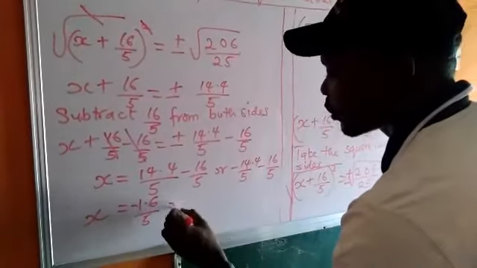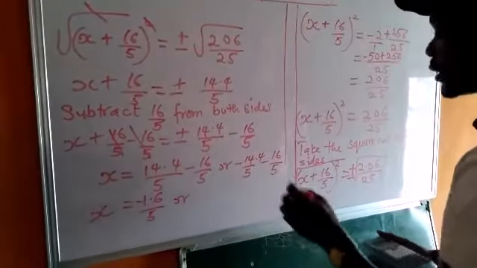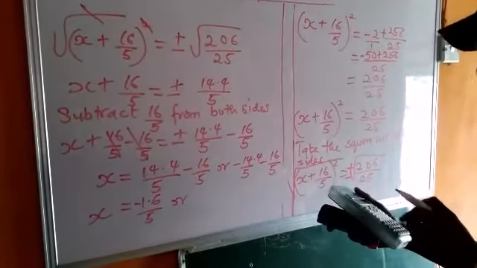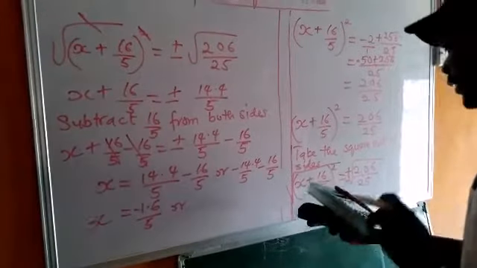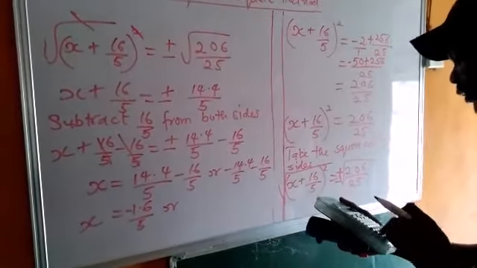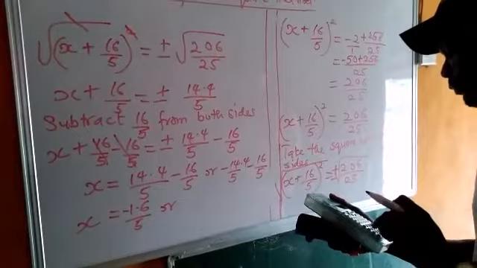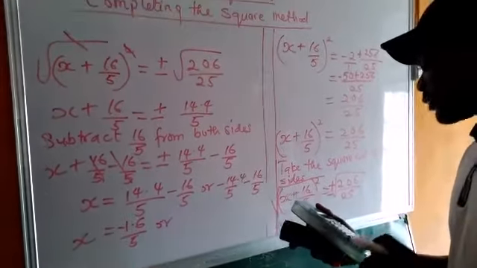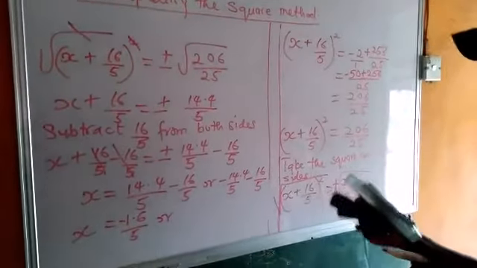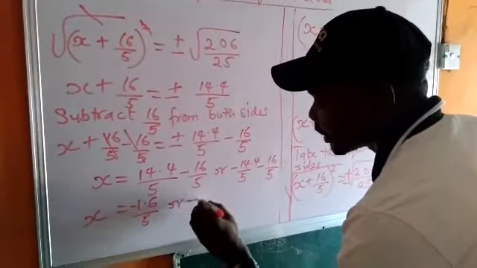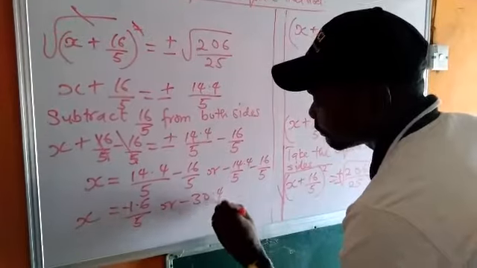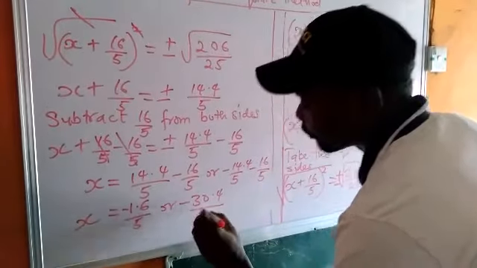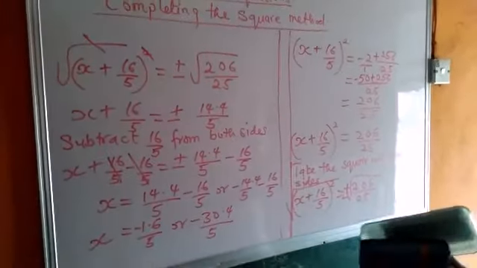Or this side, minus 14.4 minus 16 gives us minus 30.4 over 5.